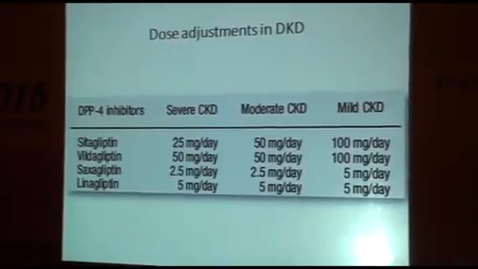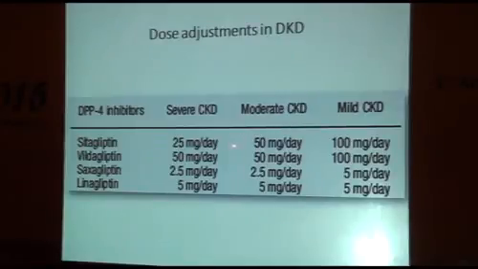We come to the recent drugs, namely the gliptins. In mild CKD, we don't have any restriction for gliptin use. But for moderate and severe CKD, we have restrictions for all except one, linagliptin, which in contrast to other agents has only 10% excretion by the kidneys.